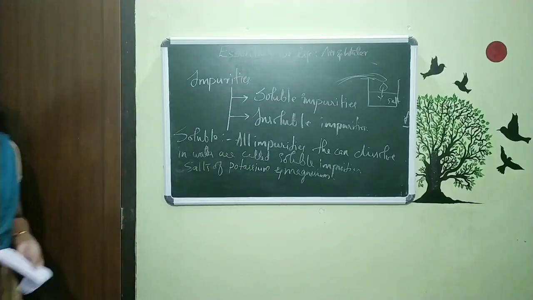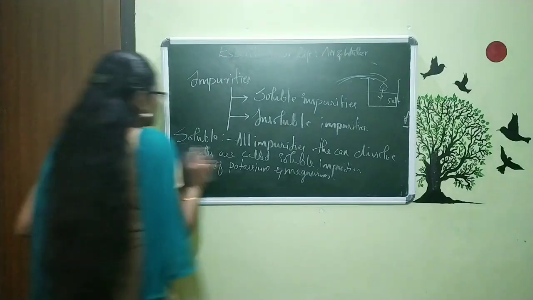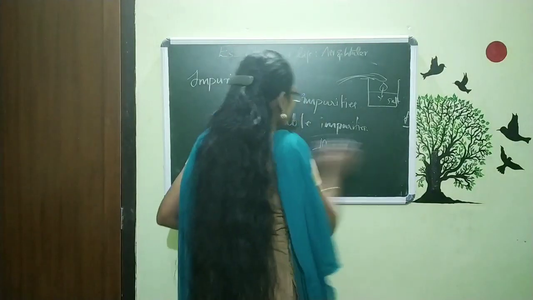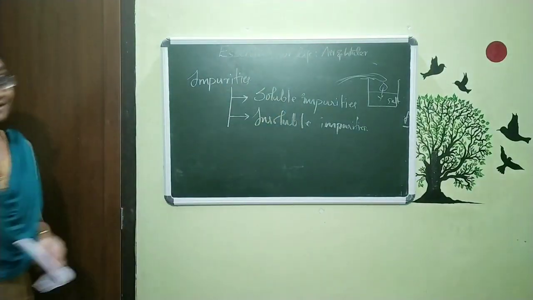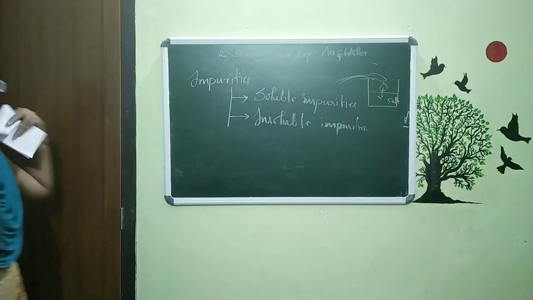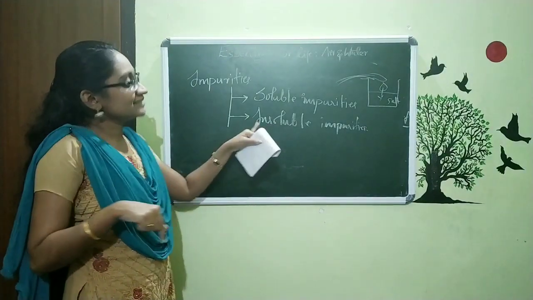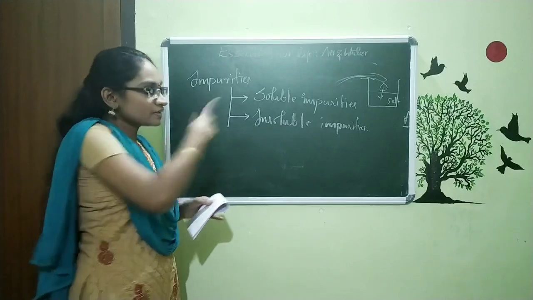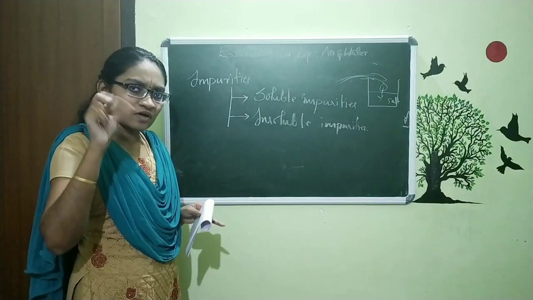Now we are going to discuss the insoluble impurities. For soluble impurities, we said they completely dissolve in water, and an insoluble impurity means the reverse of that. It won't dissolve in water.